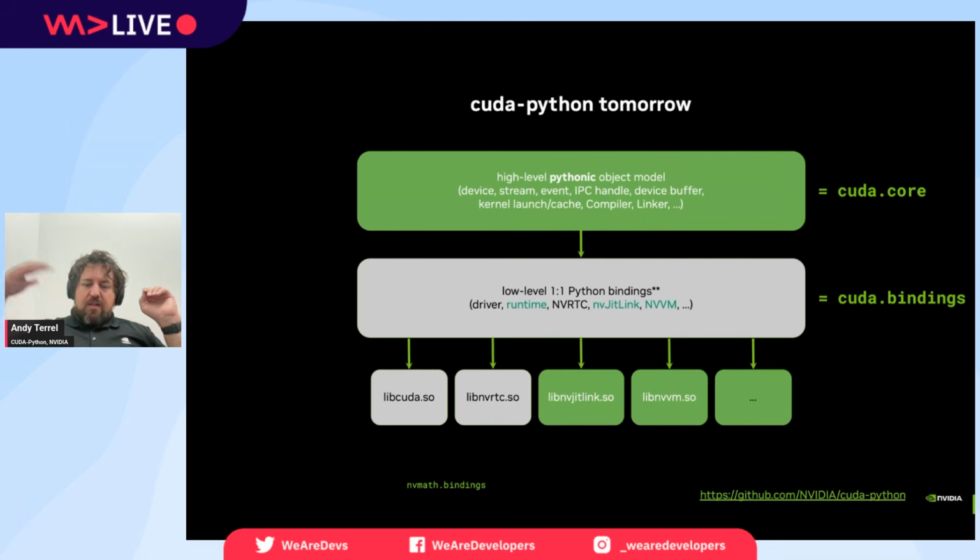But really what we wanted to do is add the high-level Python object model so that you're not inventing these things yourself, because if you look at Torch or JAX or CuPy, any of these high-level codes, they actually invented their own object system for working with our devices. And so we're introducing a Pythonic device object model so you can handle all the various pieces you need to bring together in Python without resorting to extra toolchain items.